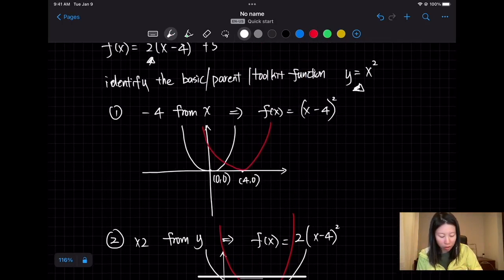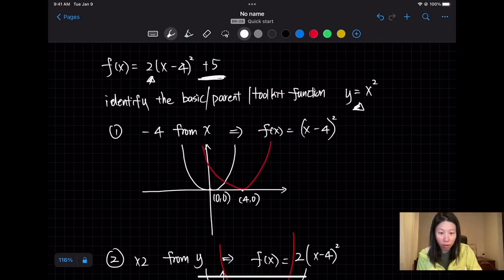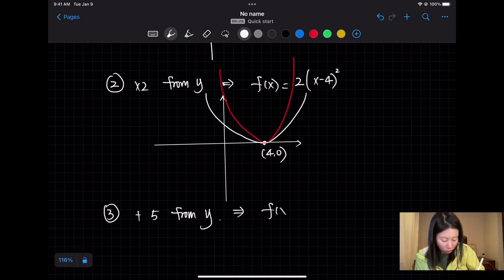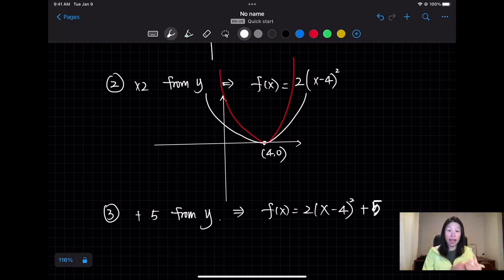The next step is you add 5 to the function, right? To the whole function. That means you plus 5 from y. So that means the function is going to have some transformation on the vertical axis. Oh, you add 5. What does it look like? If you add or subtract a number, it's going to be a shift.